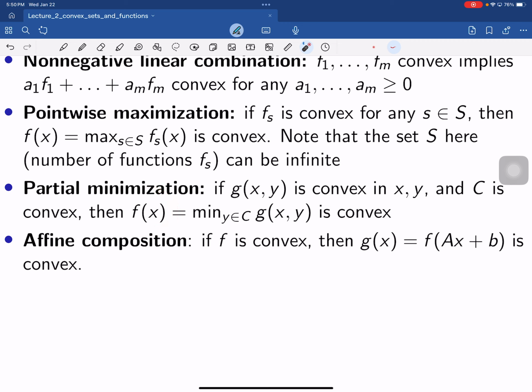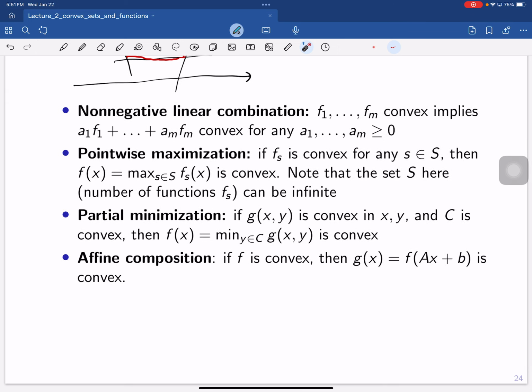So I give you x. In order to evaluate this function, you need to solve an optimization problem here, right? So I give you a different x, you need to solve another convex optimization problem, right? So this has very strong implications because that means the value function of this parametric problem is a convex function, right? So that is a quite useful property, yeah.